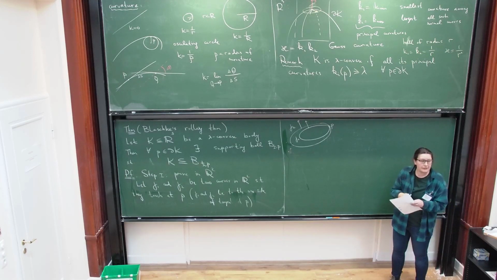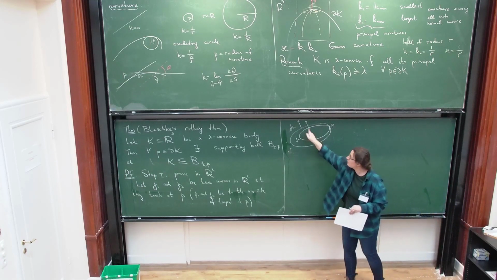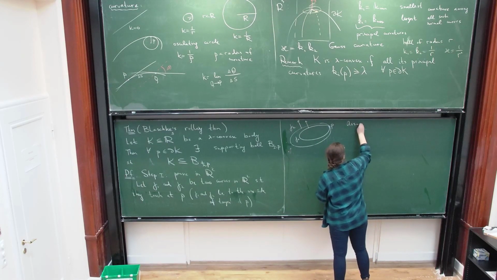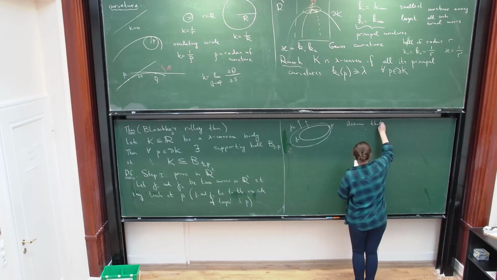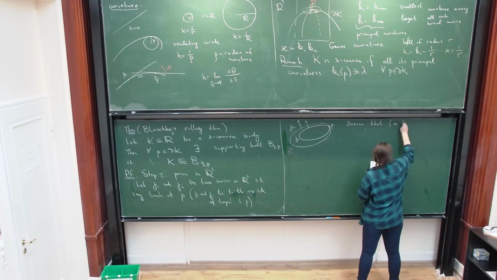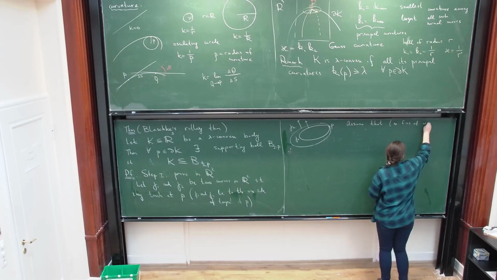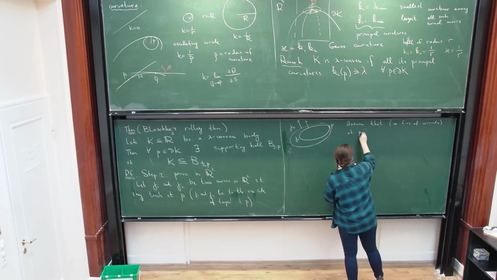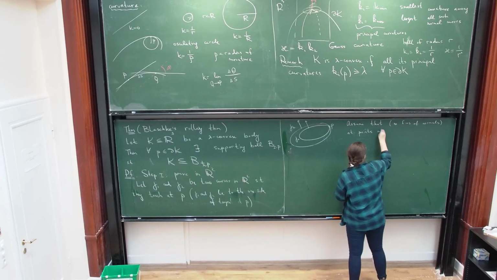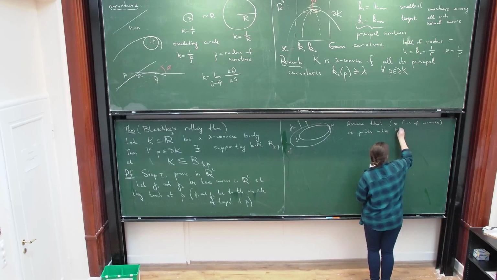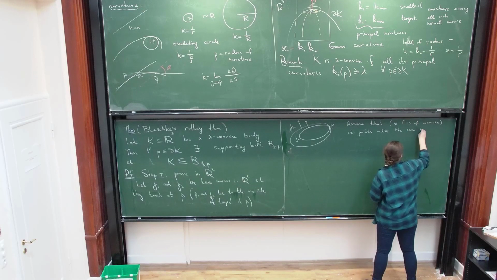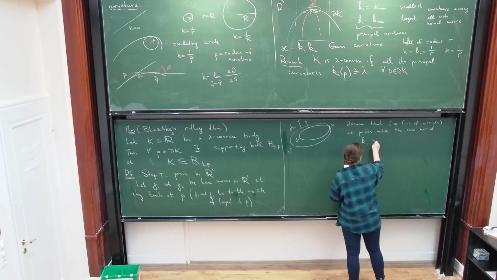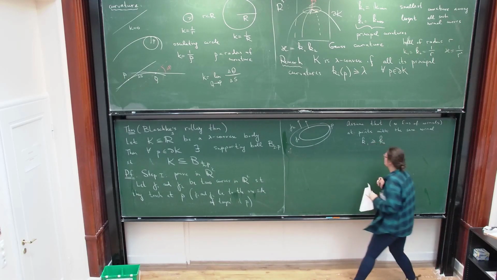So at two points where the normal vectors are the same, so assume also, as functions of normals, at points with the same normal, the curvatures satisfy this inequality.